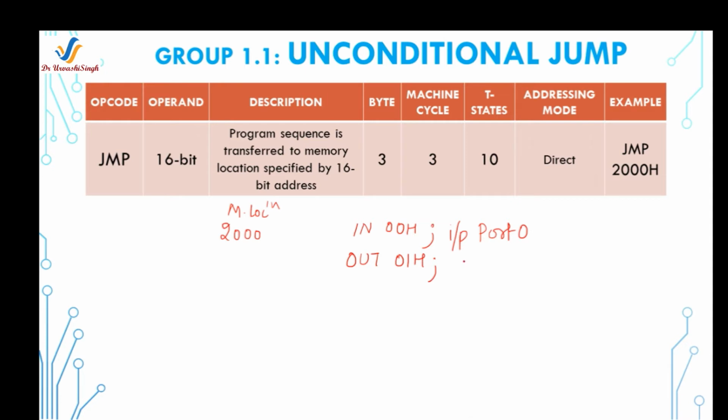It means that microprocessor is providing output at port 1. And if I am writing JMP and this memory location 2000, it means that this sequence will continue in loop and it keeps on jumping and taking input from the port 0 and giving output at the port 1.